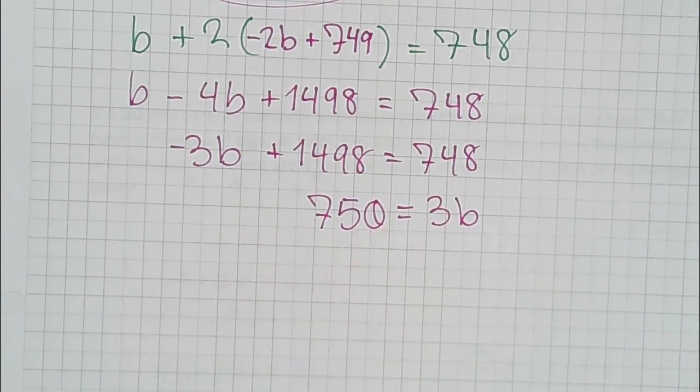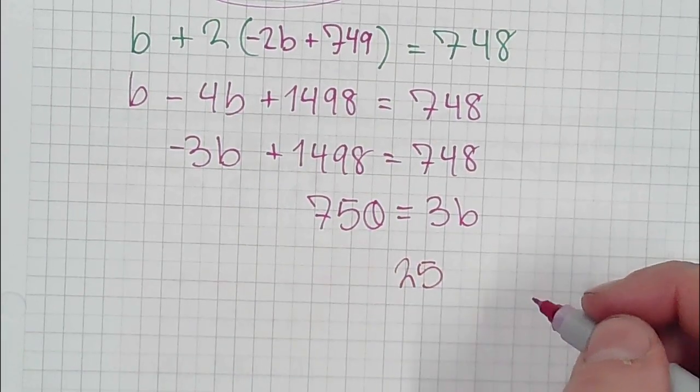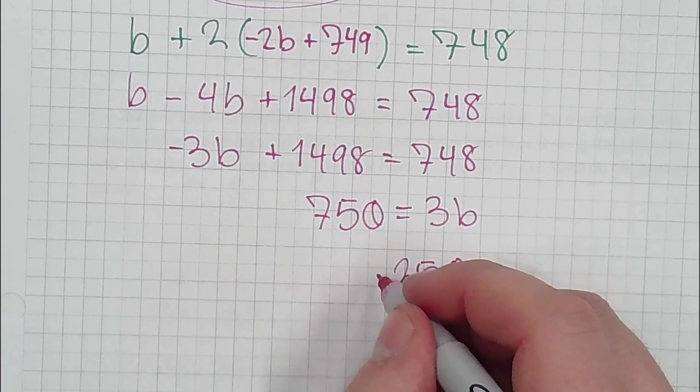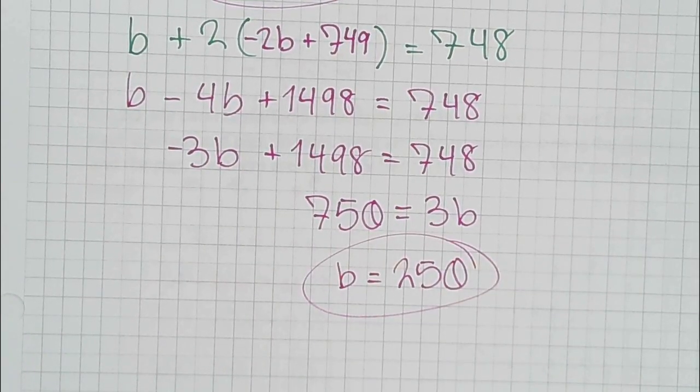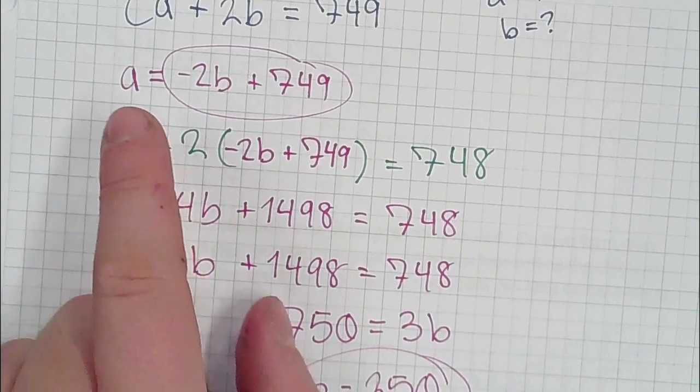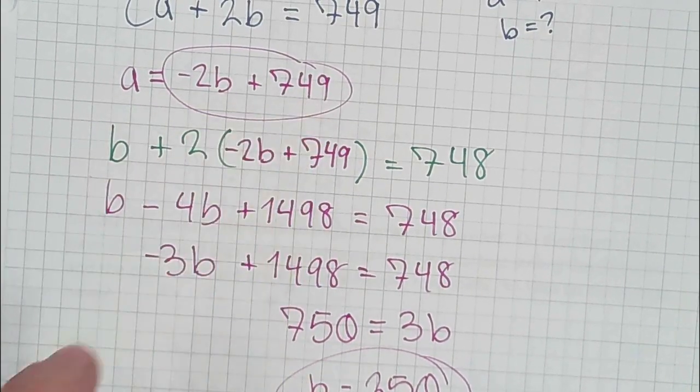So what times 3 gets me 750? Well, 3 times 25 gets me 75. So 3 times 250 must get me 750. So B's weight must be 250 pounds. Well, if we know Tweedledee's weight, we can figure out Tweedledum's. Because here it says Tweedledum's weight is negative 2 times Tweedledee's weight plus 749.